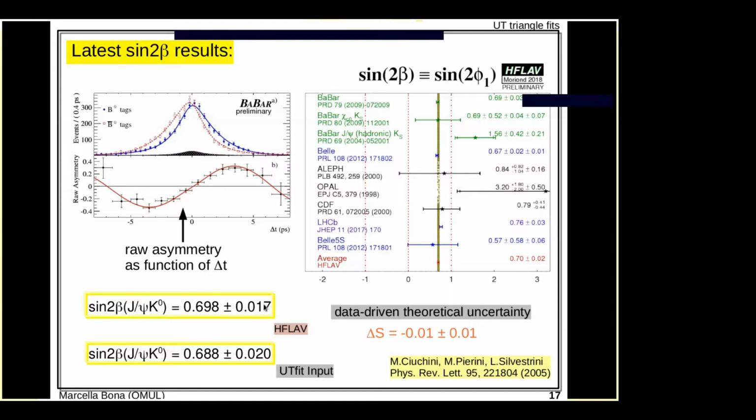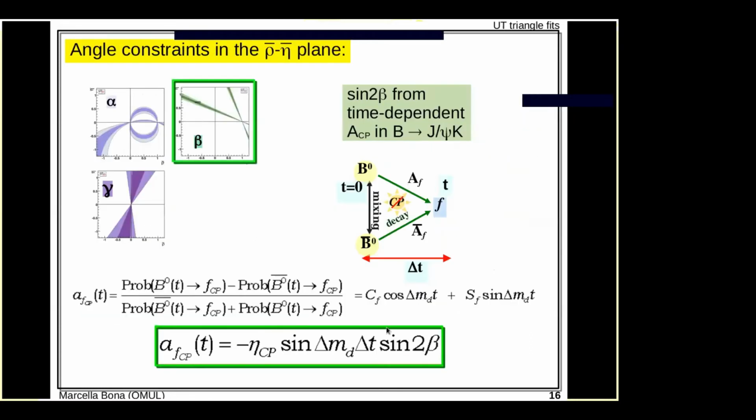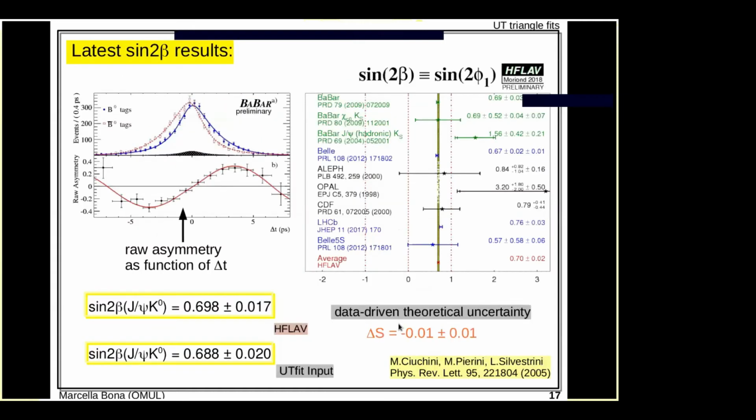And this is because, as I mentioned, B to J/psi K proceeds via a tree diagram. But of course, there is a subleading penguin diagram as well, and that would shift your observable in a way. The fact that you directly measure sin 2 beta can be affected by this tree of penguin diagram.